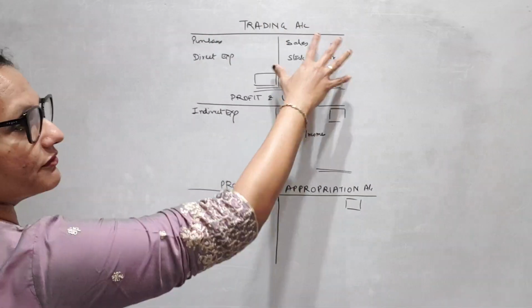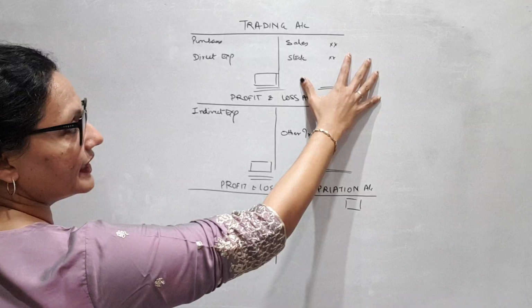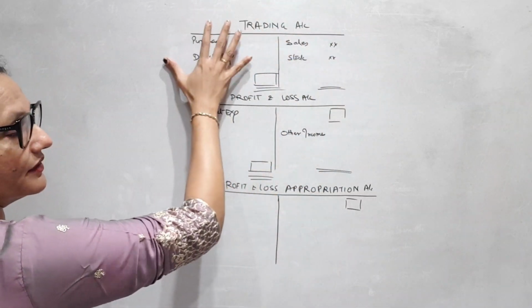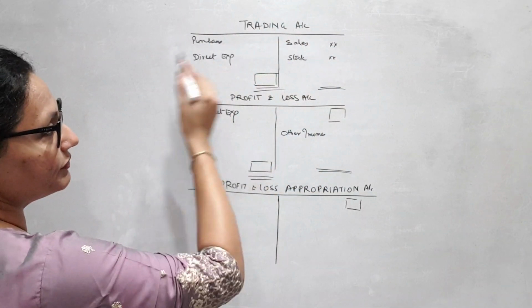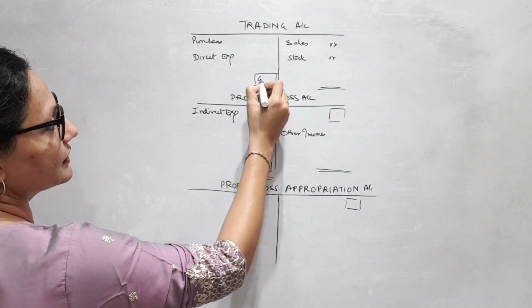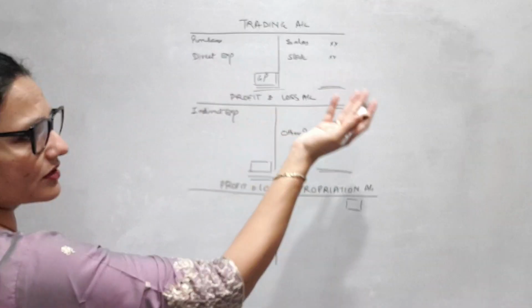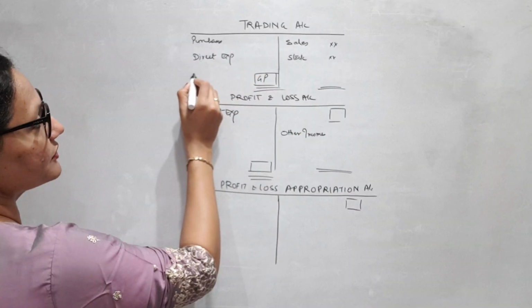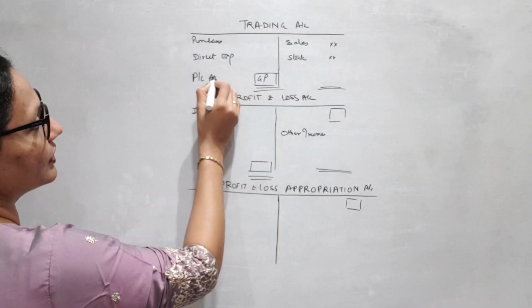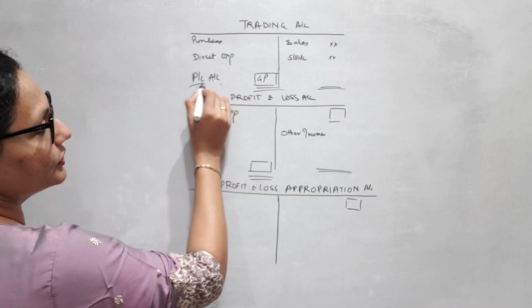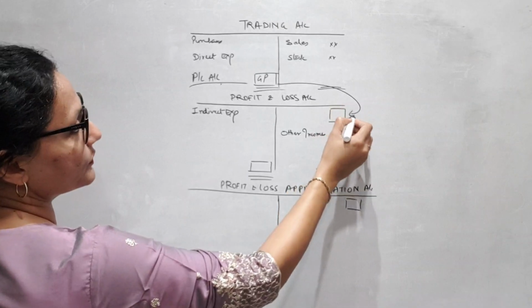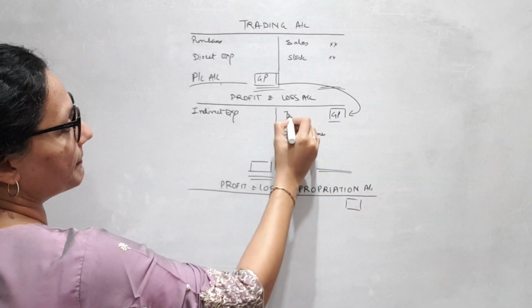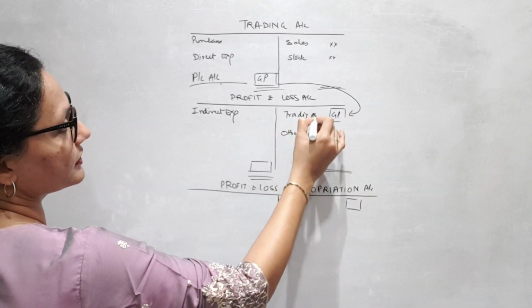So now if we've put this here, these are the incomes, revenues, and here we have the expenses, and the difference would have given me the gross profit or gross loss also, which was transferred to the profit and loss account. From here to this account, it would come the gross profit by the trading account, right?